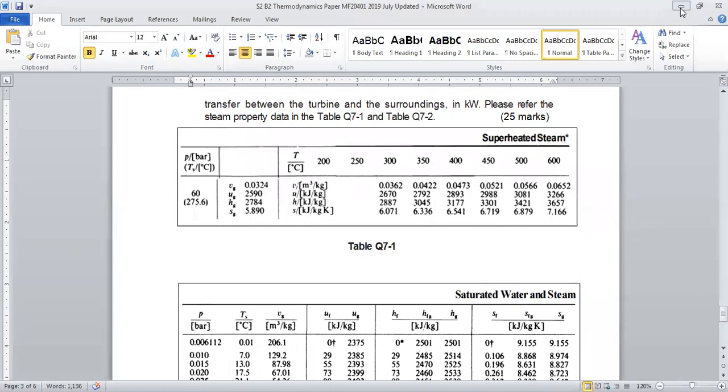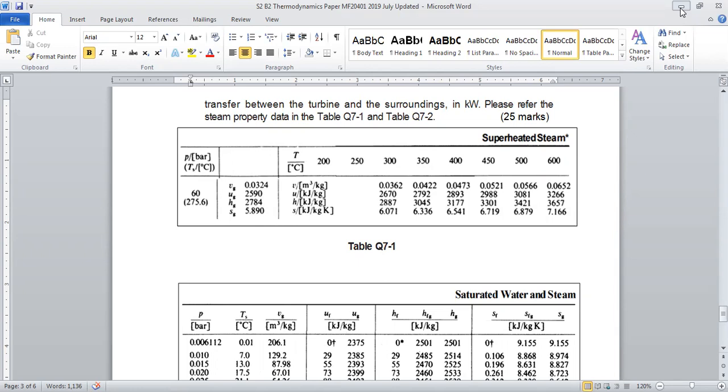Revision 4, you may have 1 to 2 questions. Questions that are about gas power cycles.